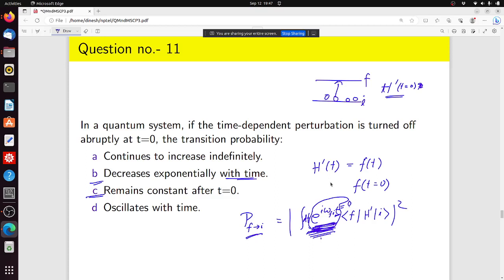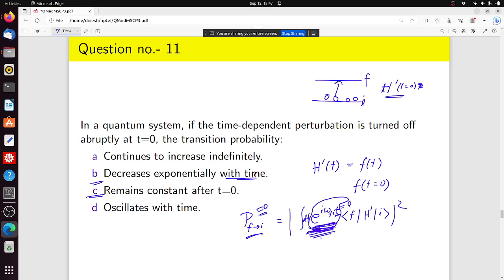Does it make any sense? Okay, it will become 0. That's why the transition probability will be 0 now. Maybe I am framing this question in the wrong way.